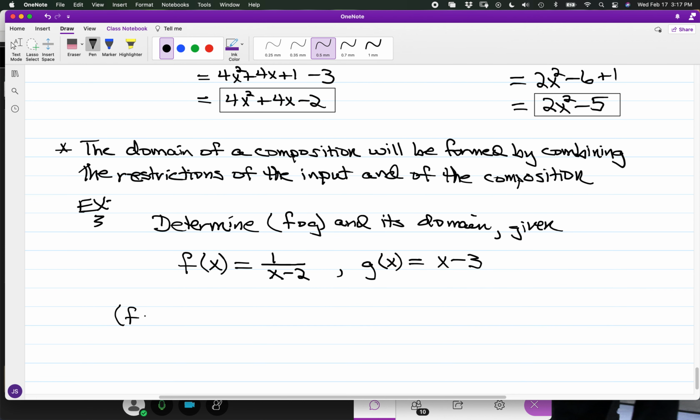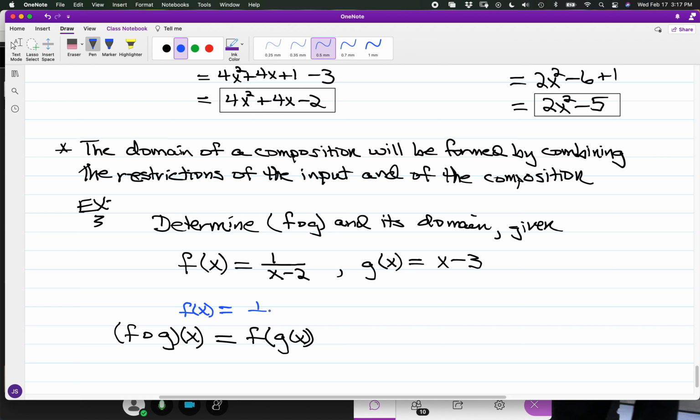So for f composed with g of x, you're looking at f of g of x. In accordance with f of x, f of the input is equal to 1 over the input minus 2.